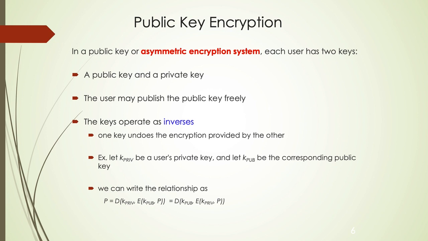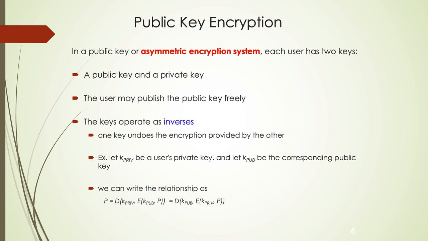For example, we denote the private key of a user by kpriv, and kpub is the corresponding public key. And we can write the relationship as that the plain text is the decoding with the private key of the encoding with the public key of the plain text, and vice versa.